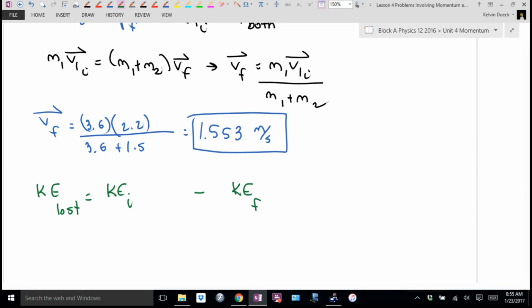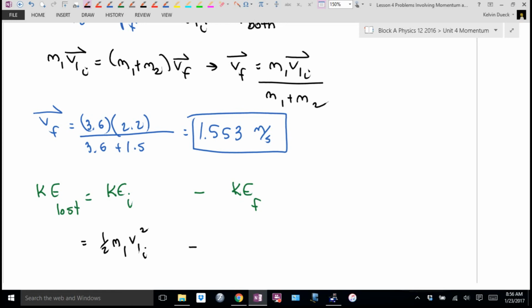Before the collision, what was moving? Okay, so before the collision, all I have moving is going to be a half m1 v1 squared, and that's going to be v1 initial. After the collision, what was moving? Both stuck together or separate?